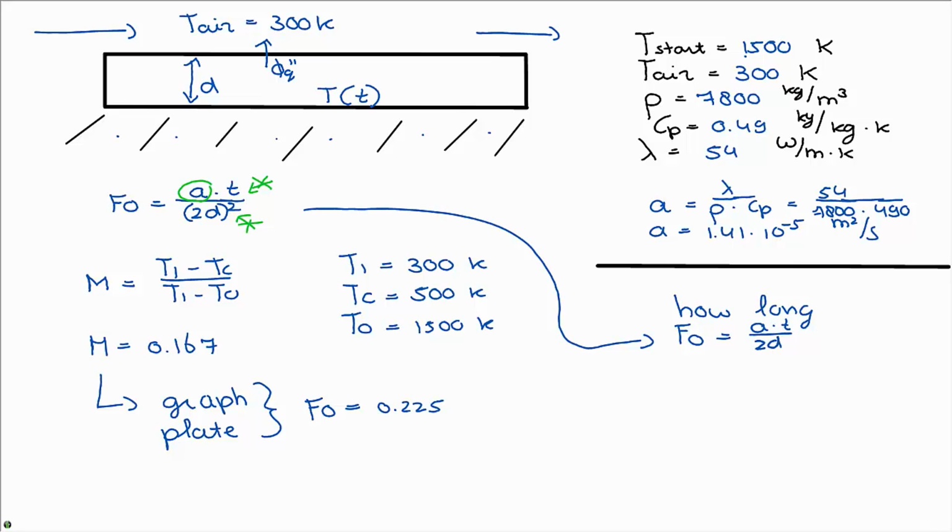Since now I do have a thickness, I have the A and the Fourier number, only not the time. So I can rewrite this for time, which is then the Fourier number times thickness squared divided by heat diffusivity. Fill in all your numbers and you will see it takes 151 seconds.